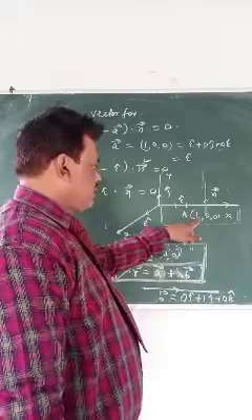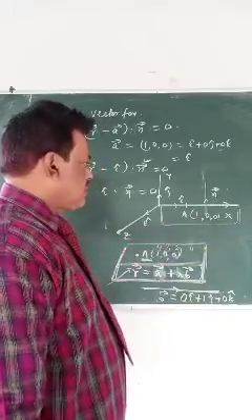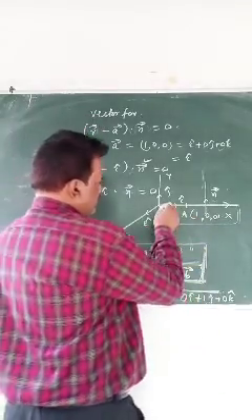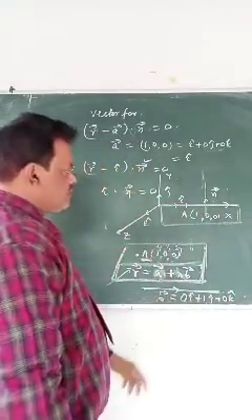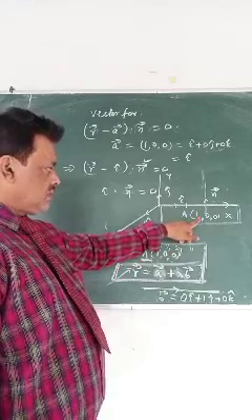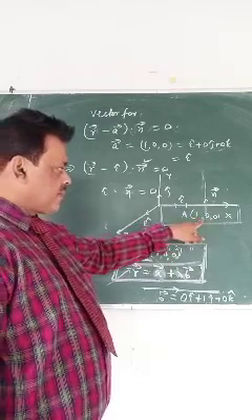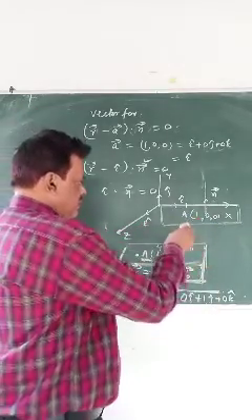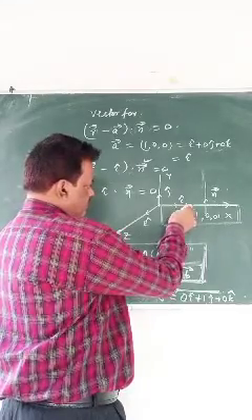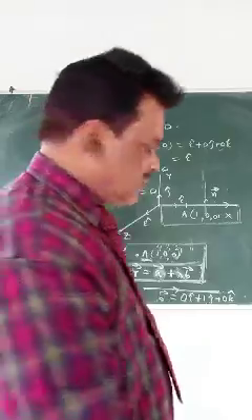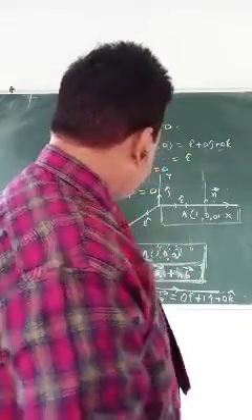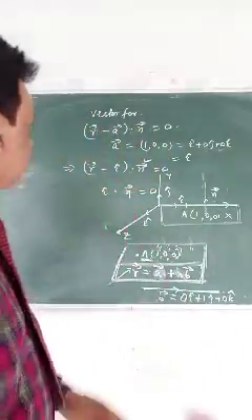Direction cosines of a line are proportional. What is the direction cosine of this line? Direction cosine of this line is 1, 0, 0, any point. You have to visualize it. The complication is coming. You have to do a visualization here.